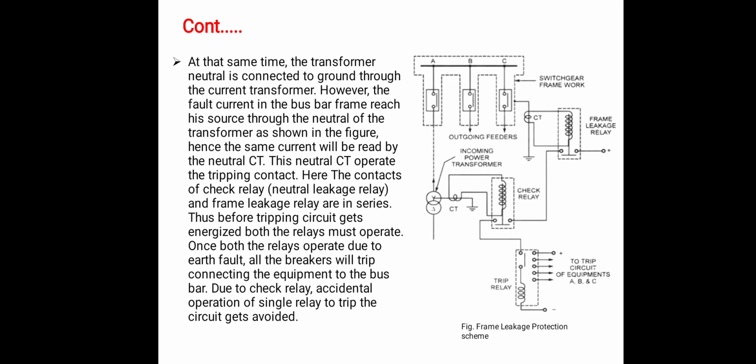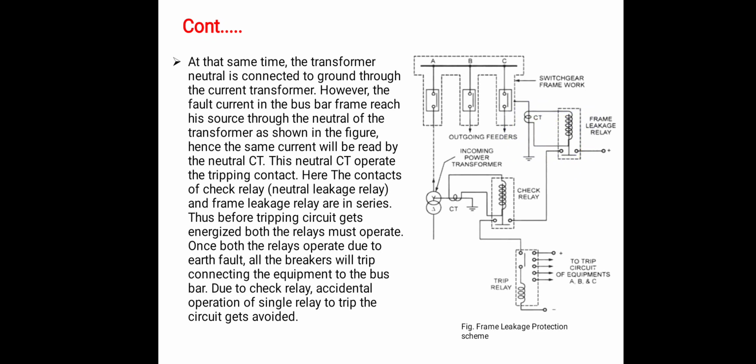Now we can see here the secondary of the power transformer, which is in star connection, is connected to the current transformer. The secondary of the current transformer is connected to the coil of the check relay, and the secondary of another current transformer is connected to the leakage relay.